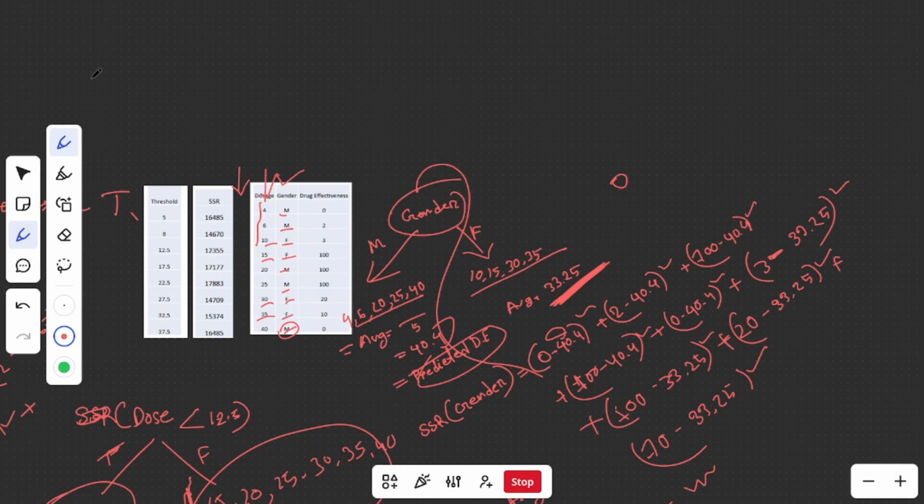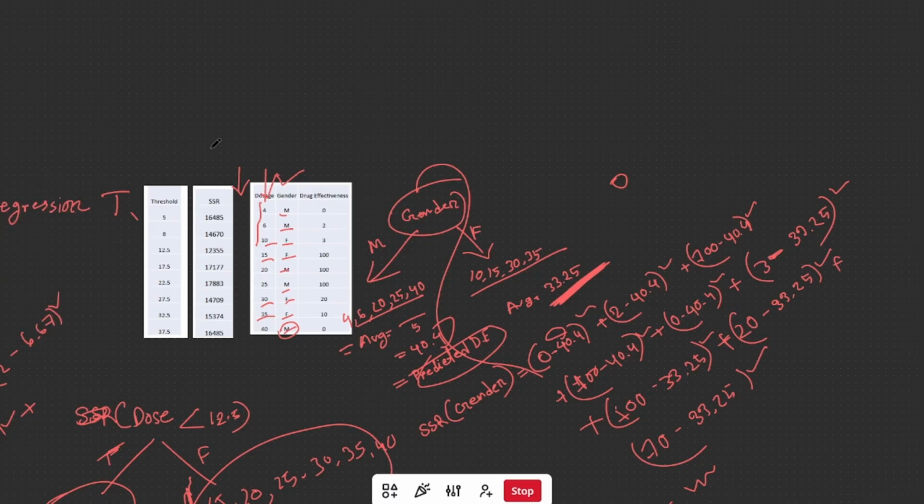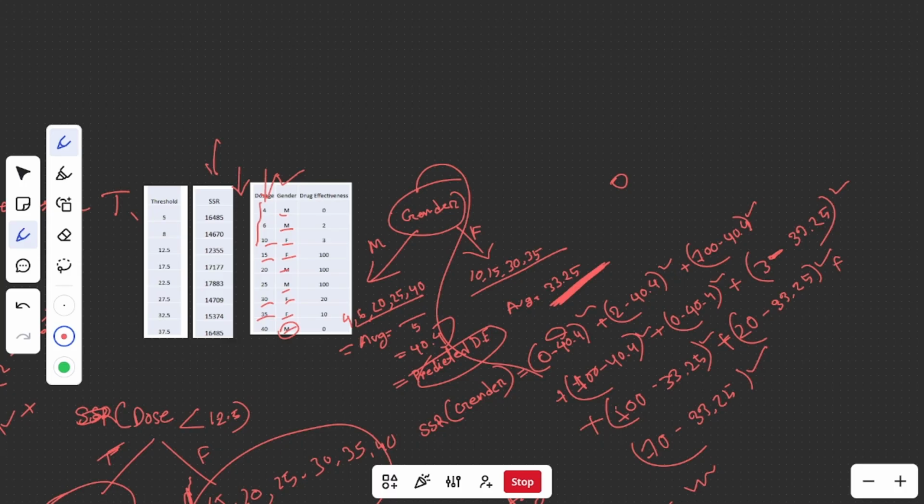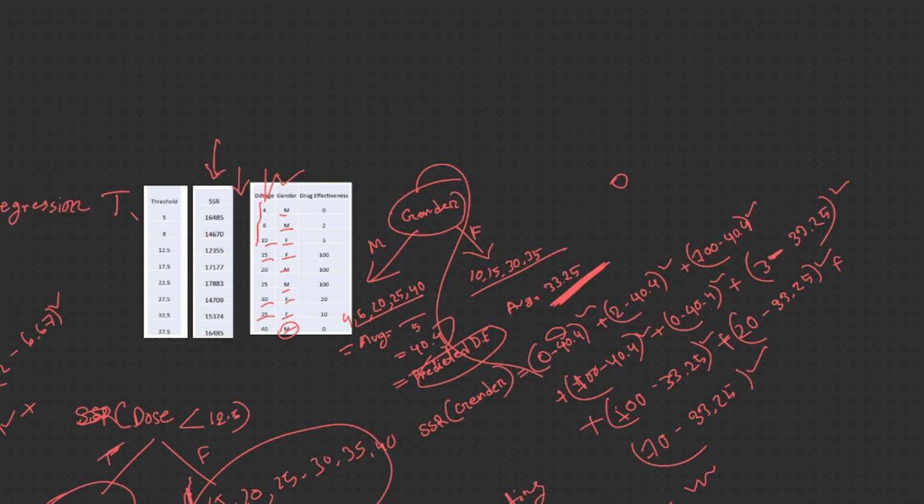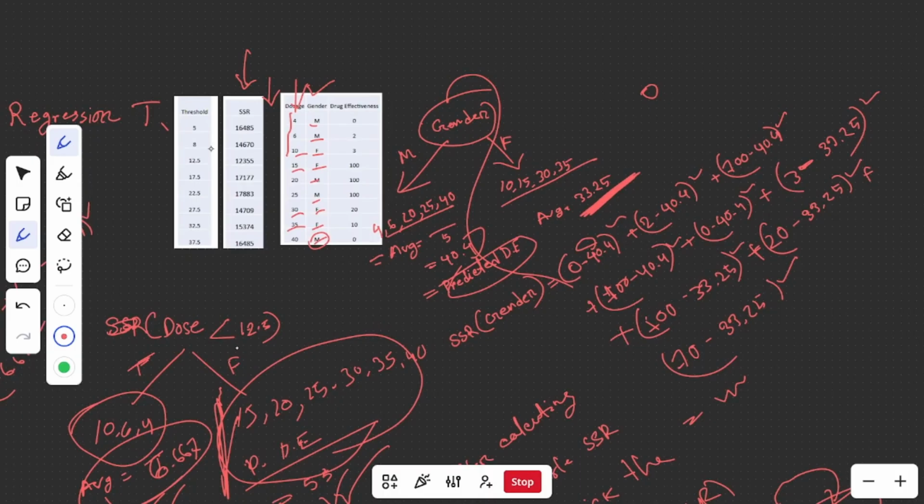For better understanding, I have kept all possible sum of square residuals here, so that you can take a decision from it. So here you can see what we have done is age less than 12.5.